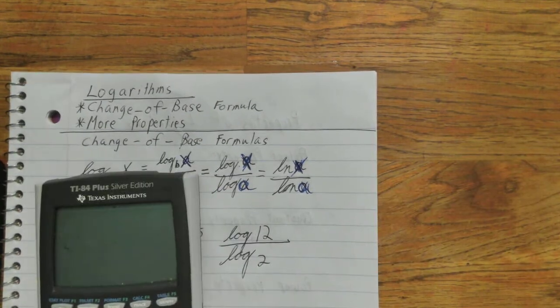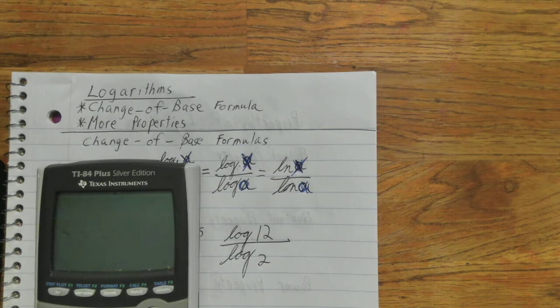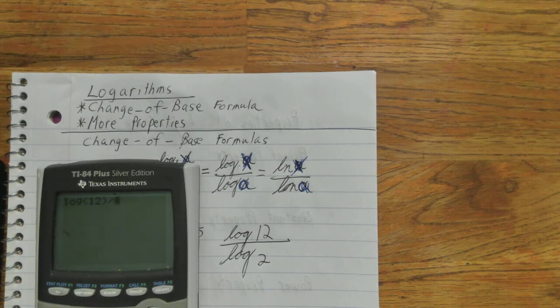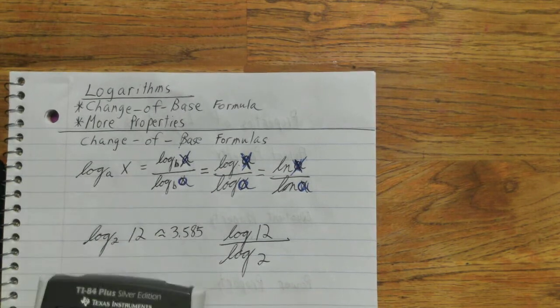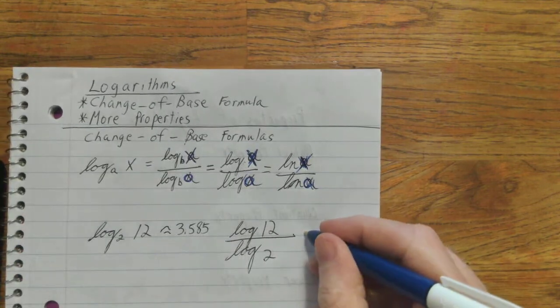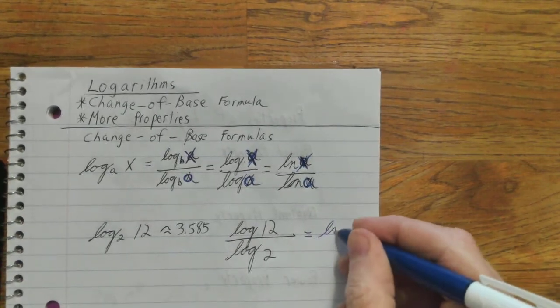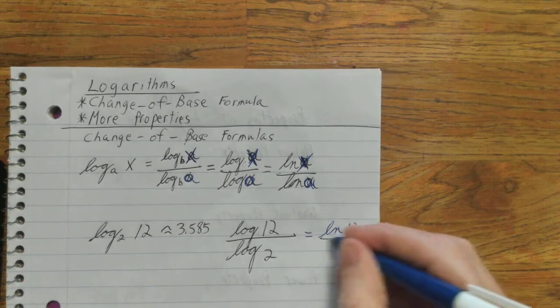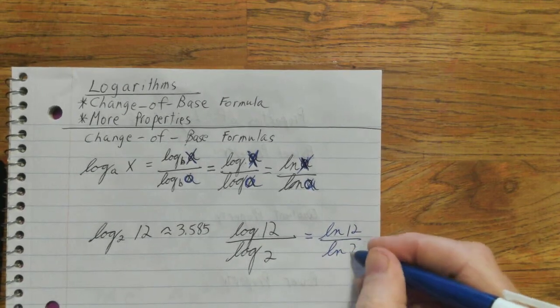So if I had to do that on this calculator, I would take the log of 12, close those parentheses, and then divide that by the log of 2. And if you'll notice, I got the same answer, the 3.585. And I could actually use the natural log, because that is on this as well.